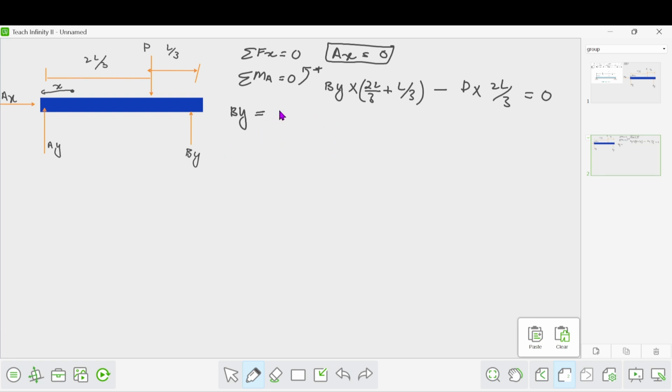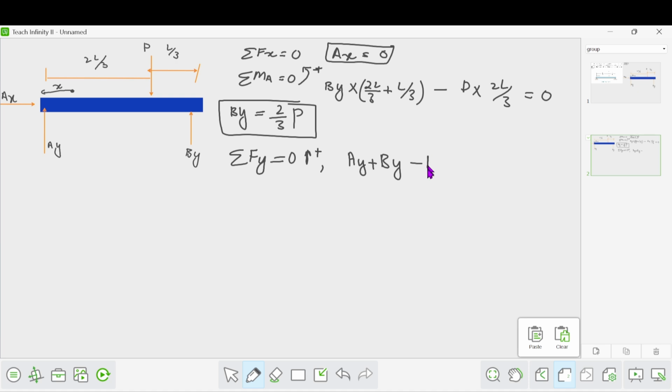So By will equal 2 divided by 3 P, and summation of all vertical forces acting on this beam equal to 0. The force directed up will be taken as positive. So Ay plus By minus P equal to 0.